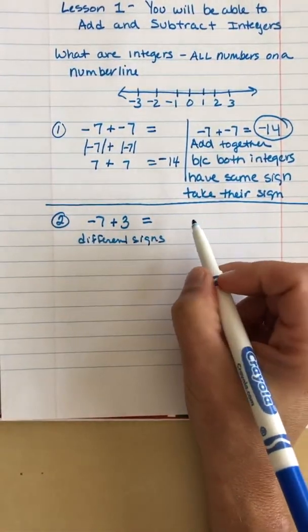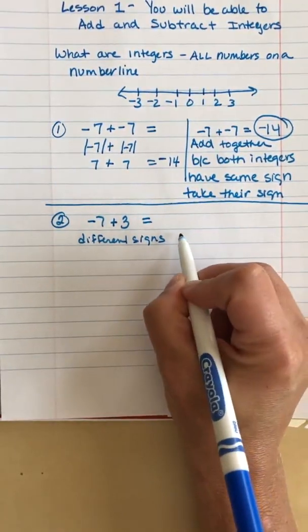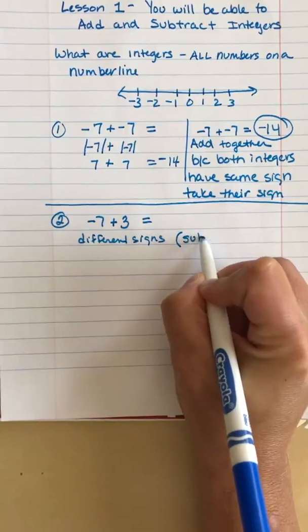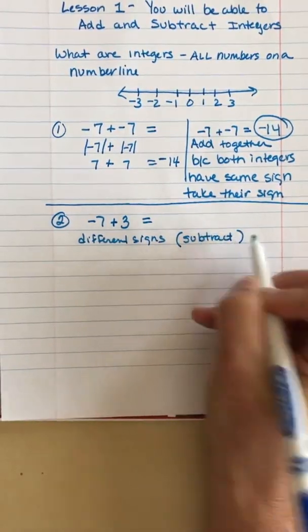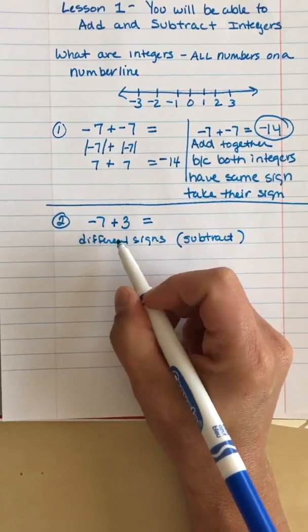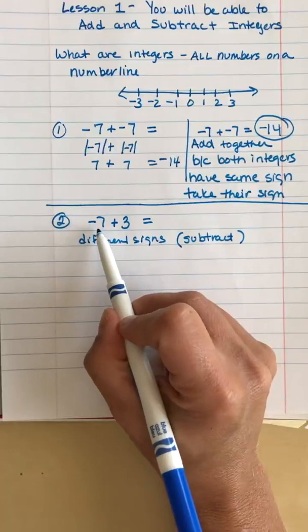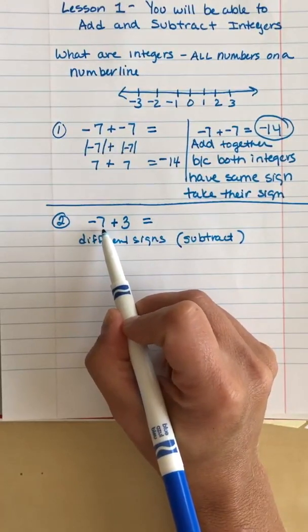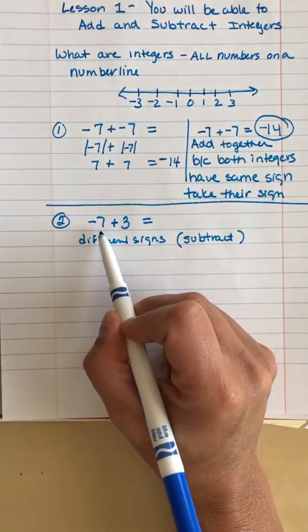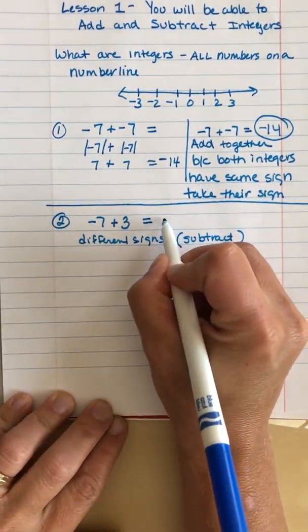So when you have a positive and a negative, what you're going to do is you're going to subtract. And for the answer, you're going to take the sign of the larger number by its actual absolute value. So the larger number here is going to be -7 because its absolute value is 7. So we know that our answer is automatically going to be negative.